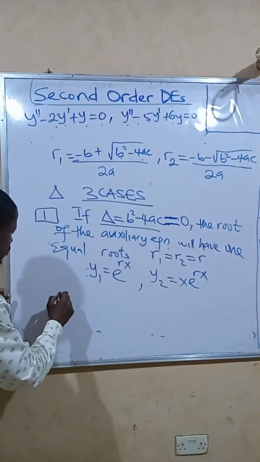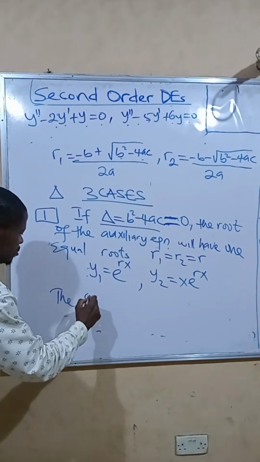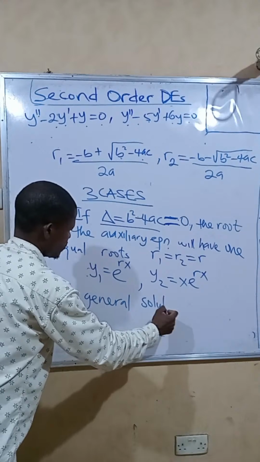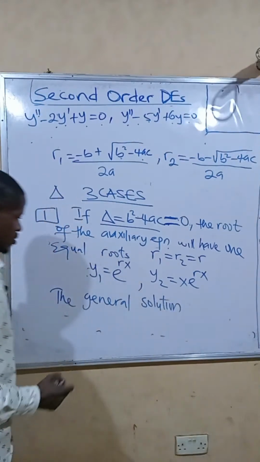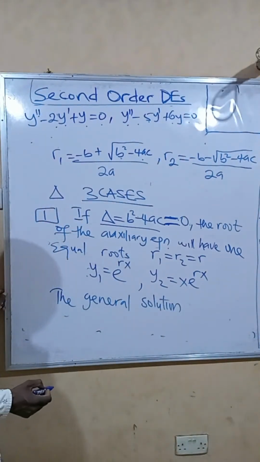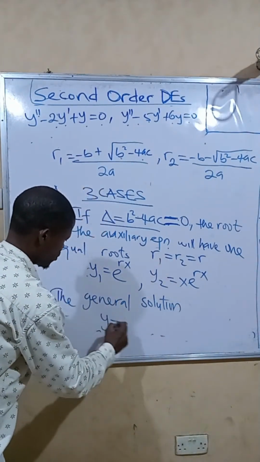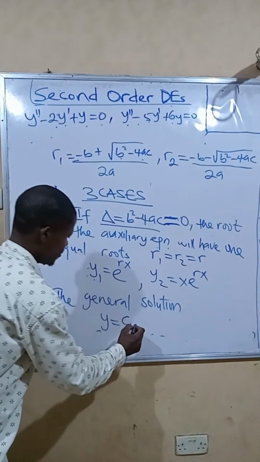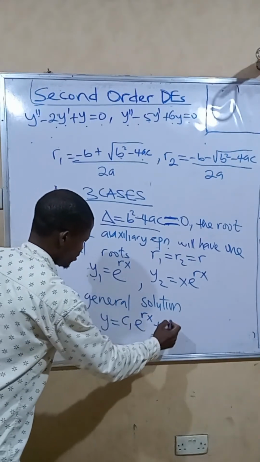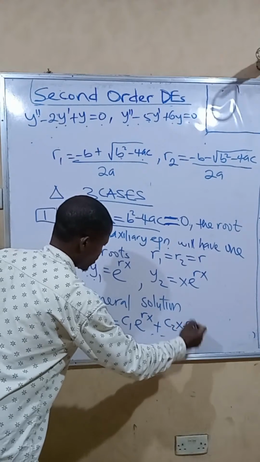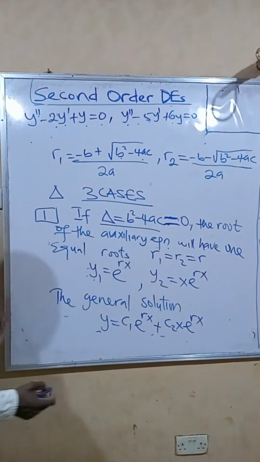So the general solution will be y equal to c1 y1 plus c2 x e to the power rx.